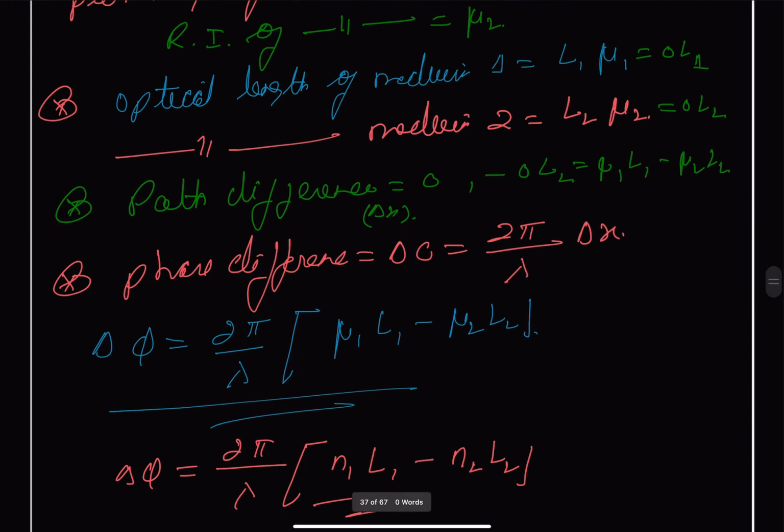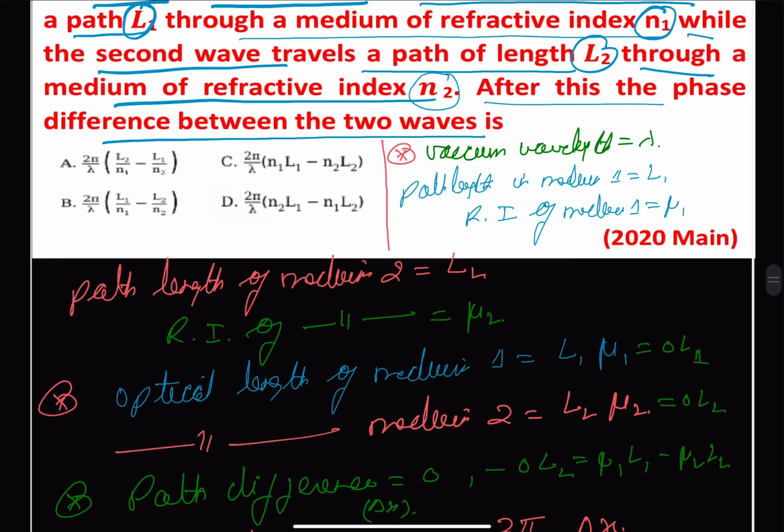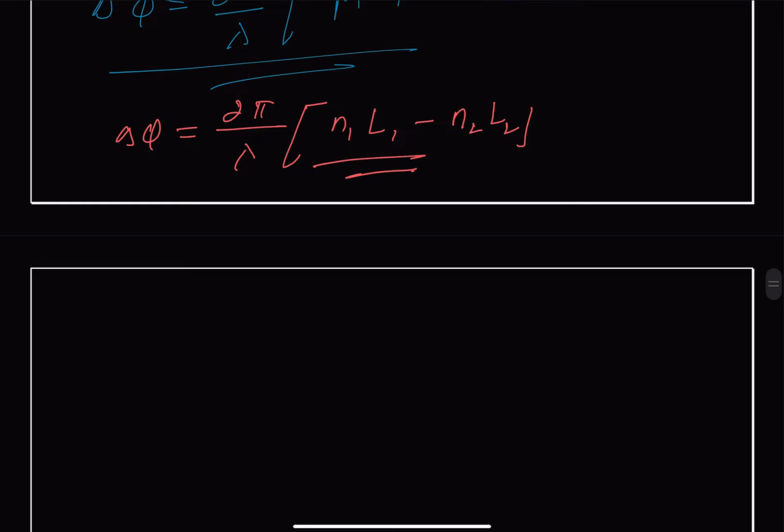So we have n1 L1 minus n2 L2, that option number C is the correct one. Option C is correct.